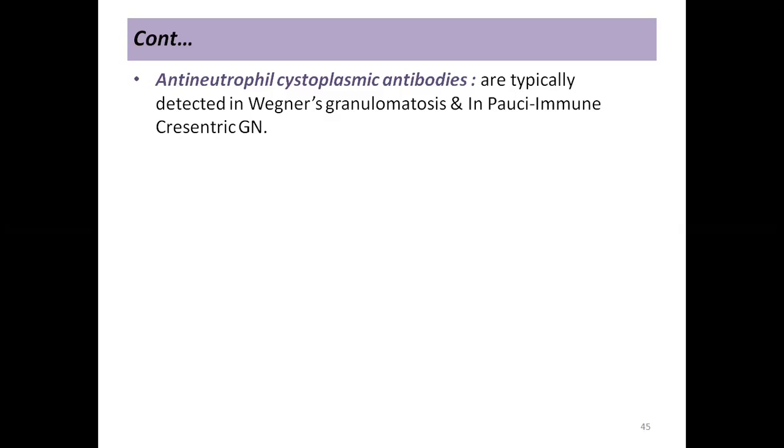So I will give you a reference. Please refer to the lecture on vasculitis, where you're finding the Wegener's granulomatosis. And in post-immune crescentic glomerulonephritis, these antibodies might be detected.